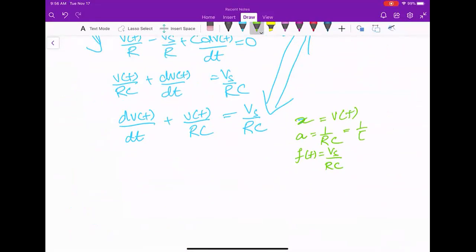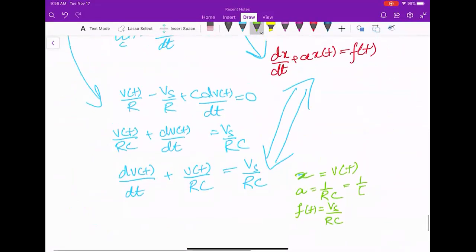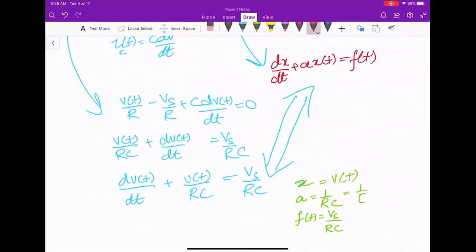Okay, so if I write the solution of this form, that was my solution.